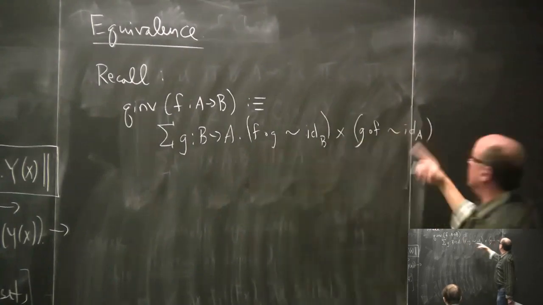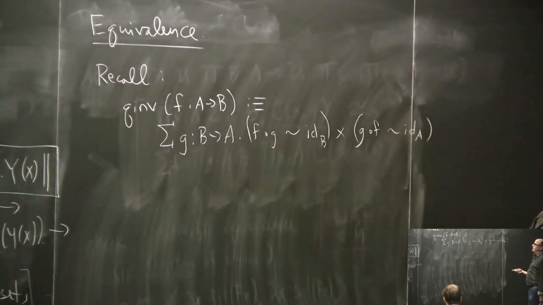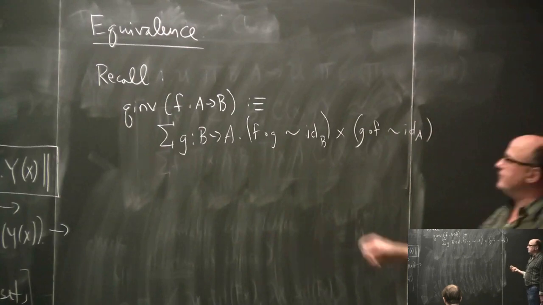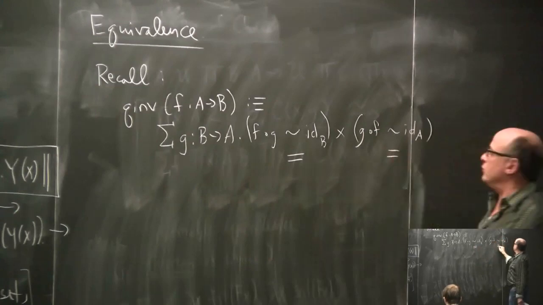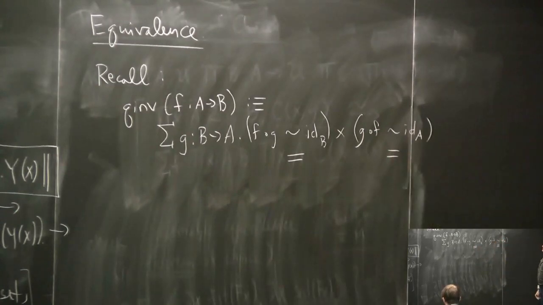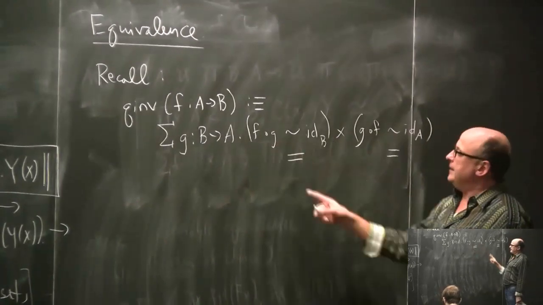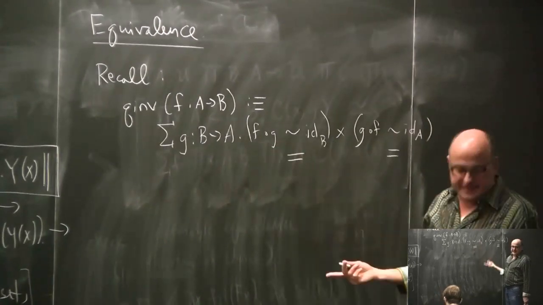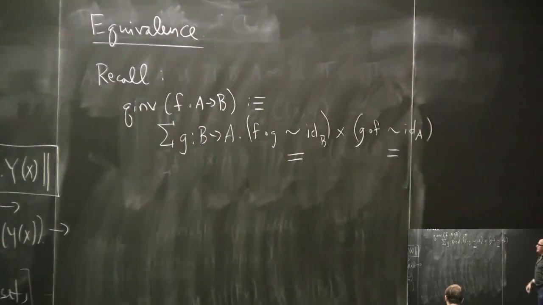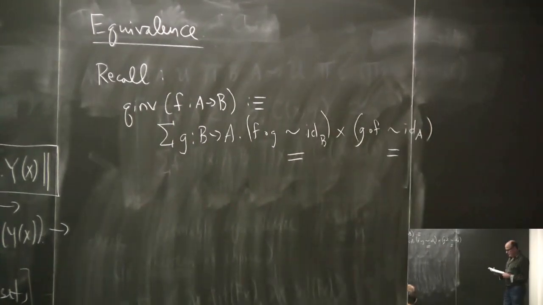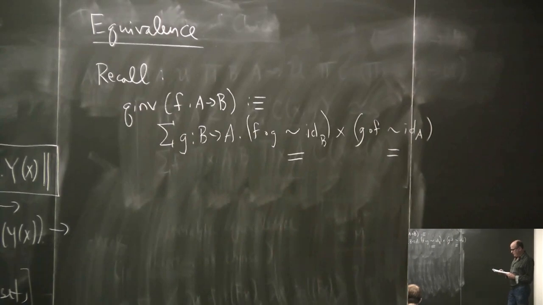And remember, function homotopies mean universal quantification. By function extensionality, this could really be replaced by equal signs: in the presence of function extensionality, you can just say f composed with g equals the identity, because function extensionality says exactly that this is the same thing as that. So that was the notion of a quasi-inverse.